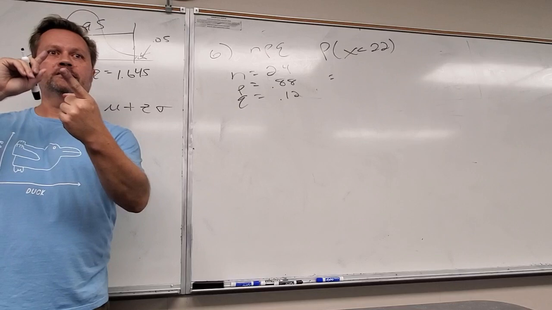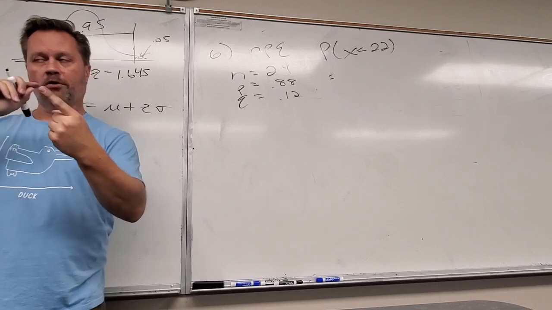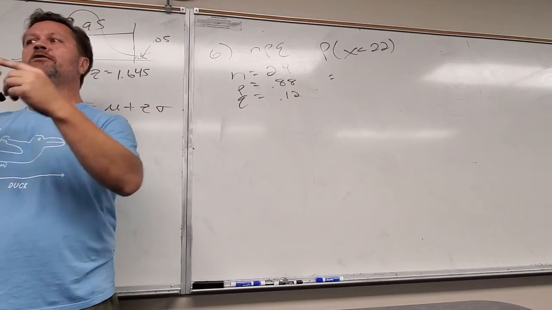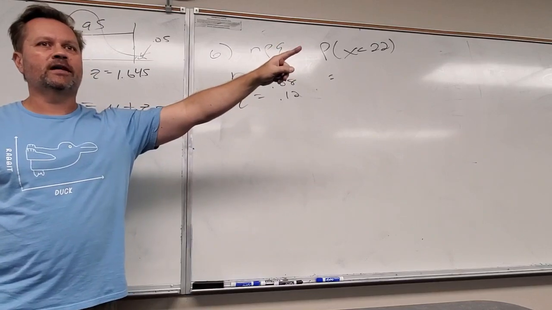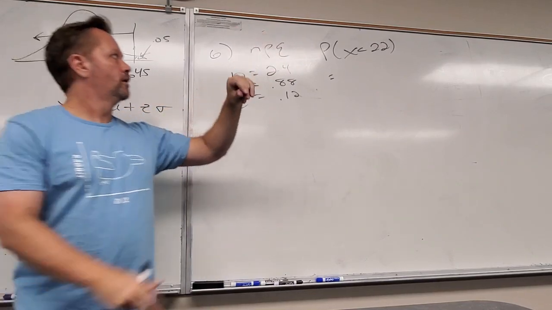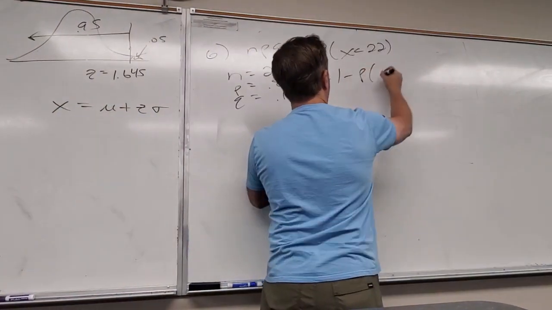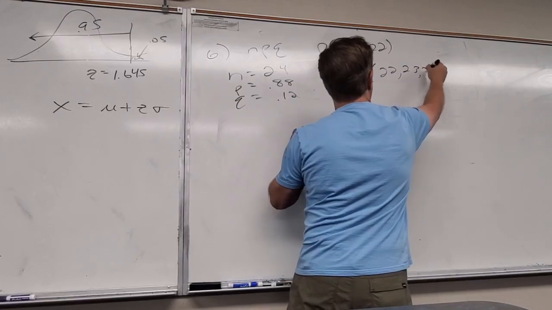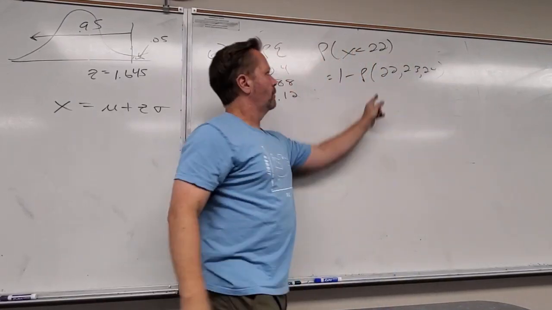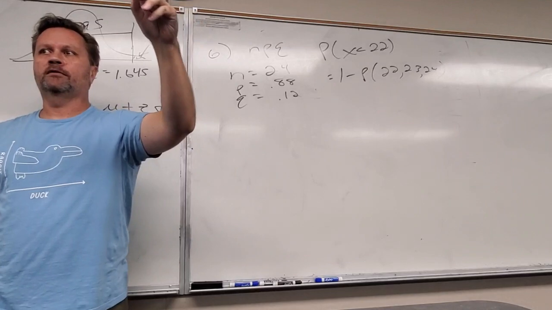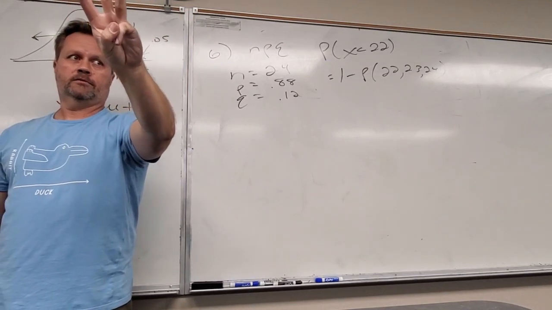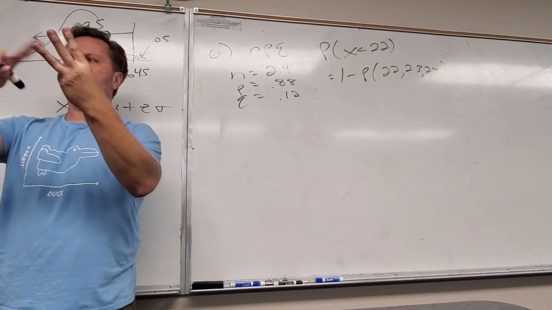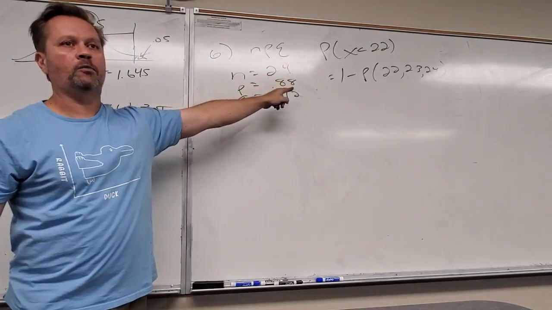It leaves out more than that. Does less than 22 include 22? No. So the opposite would include 22, 23, 24. So how many formulas do you have to show me? 3. For 22, 23, 24, you add those and then you subtract from 1.